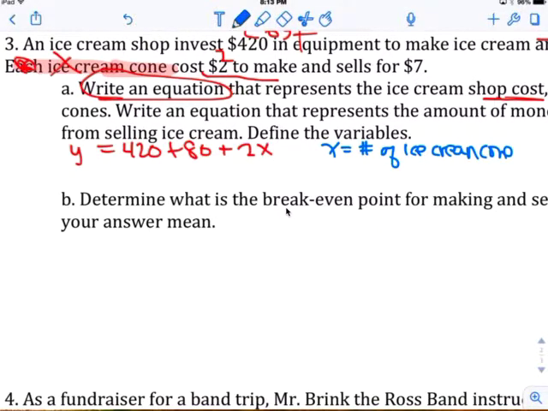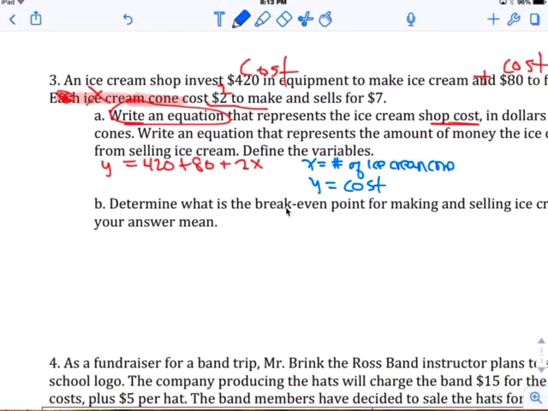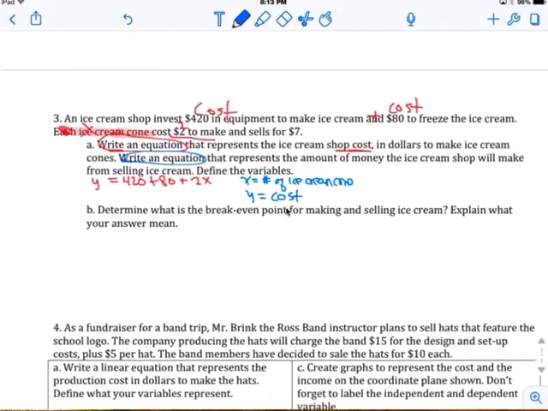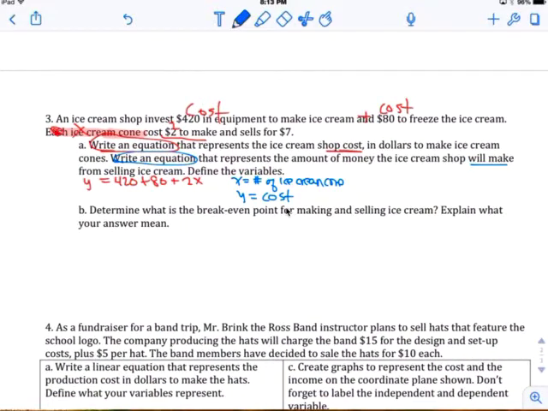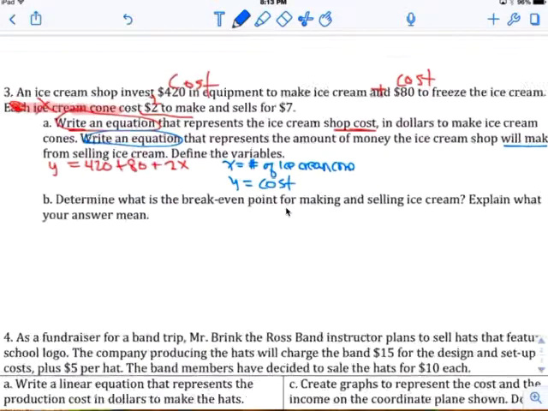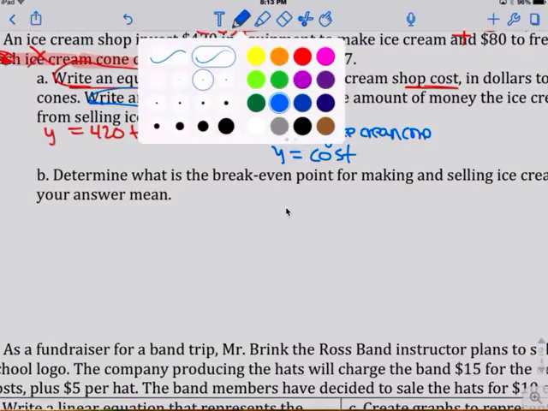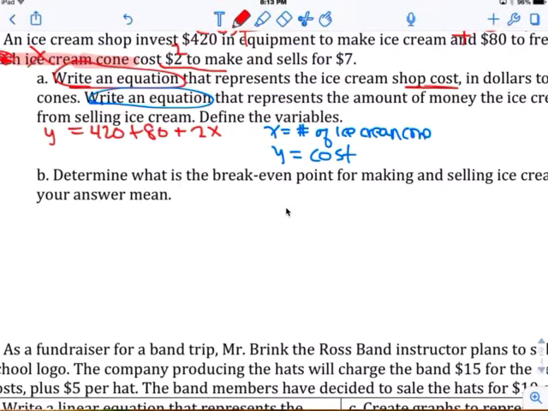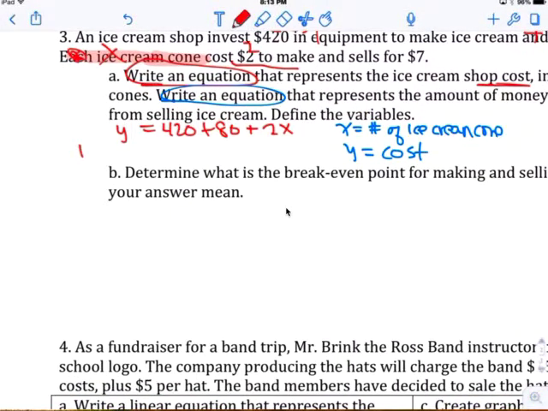And Y, we just erased Y, is in this case, cost in dollars. Then write another equation to represent the amount the ice cream shop will make after selling ice cream. Another one is when they make money, we call that income.